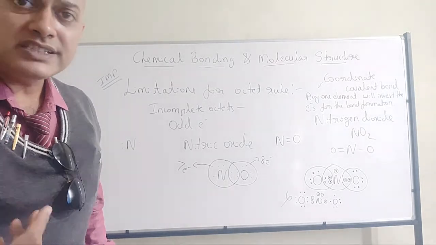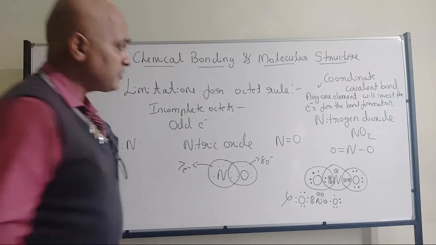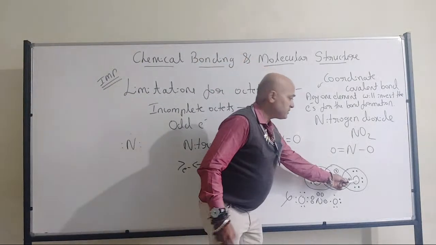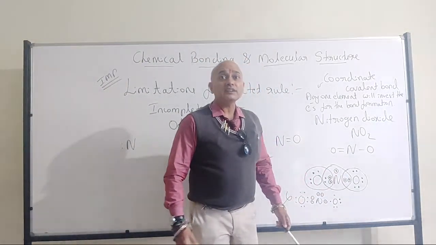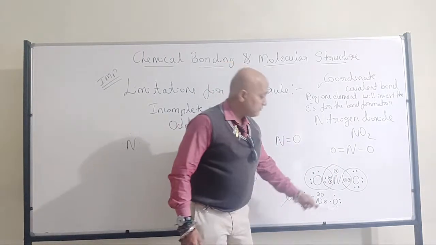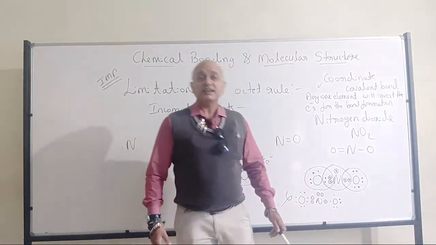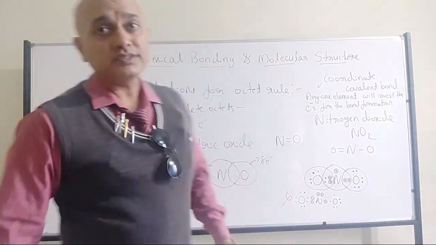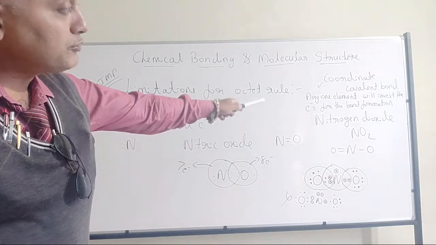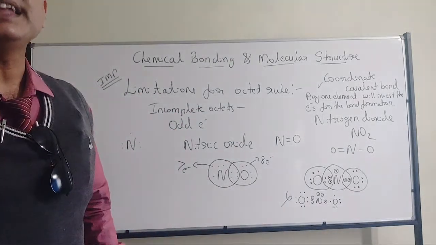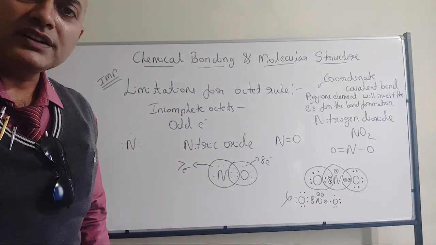They have to just listen to the boss. So oxygen will tell, I am not going to put any electrons, I don't want to have the lone electron with me. So nitrogen will tell, yes sir, I will put my electron. So that's how nitrogen dioxide exists in nature. All of you have understood?